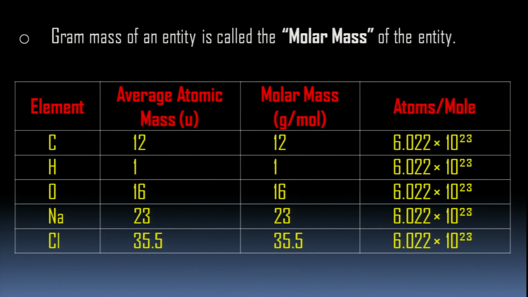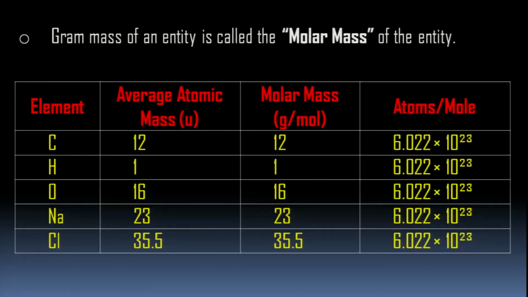1 mole of carbon means 12 grams of carbon. It contains how many atoms? 6.022 into 10 to the power 23 number of atoms. Similarly, hydrogen. Atomic mass is 1 U. Molar mass is 1 gram per mole.